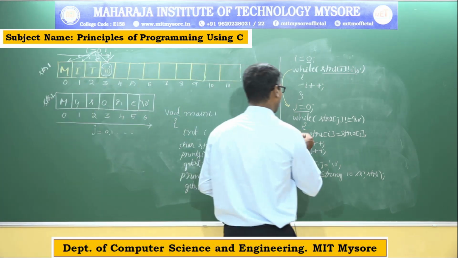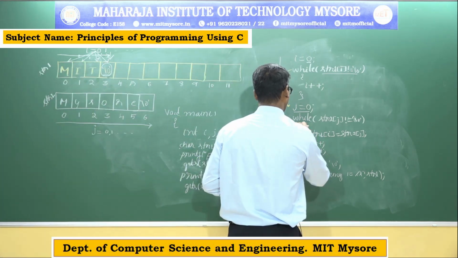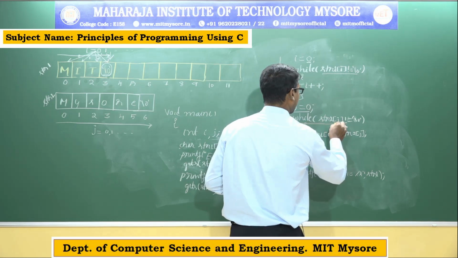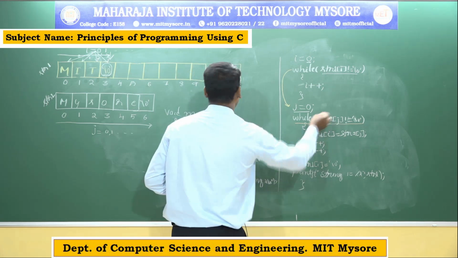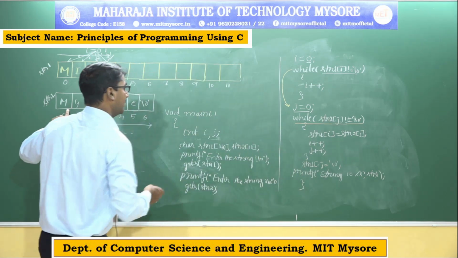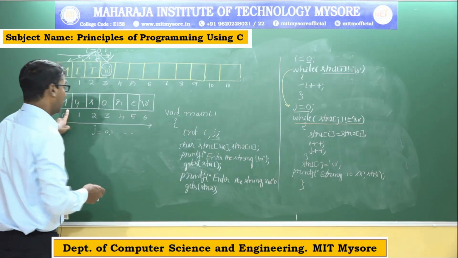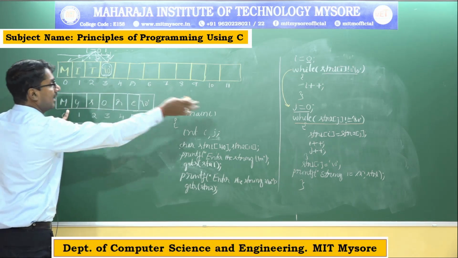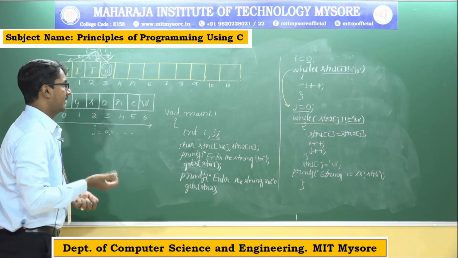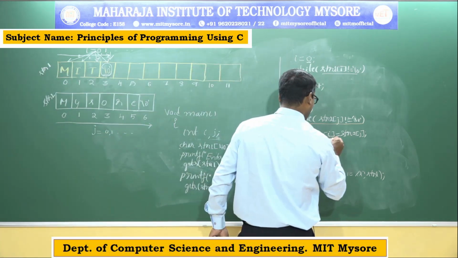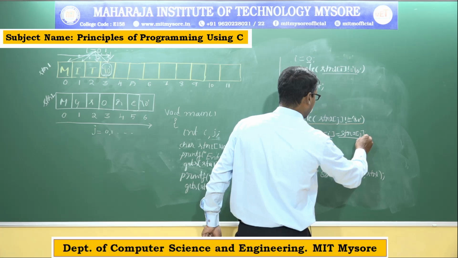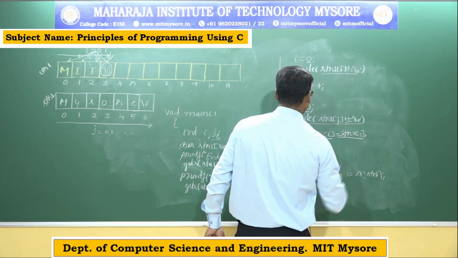After setting j to 0, the next condition is while str2 of 0 not equal to null. So str2 is m, str2 of 0 is m. So m not equal to null. Yes, the condition is true. Once this condition is true, then str1 of I is equal to str2 of j.